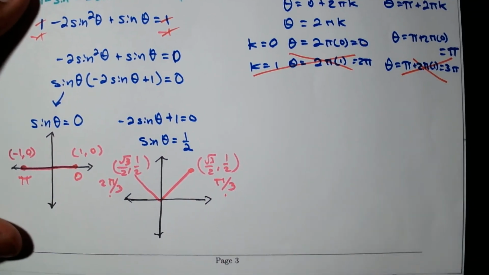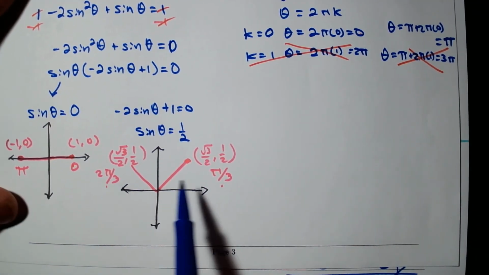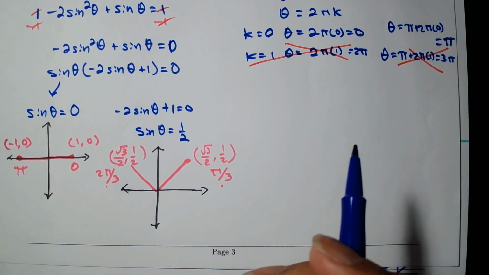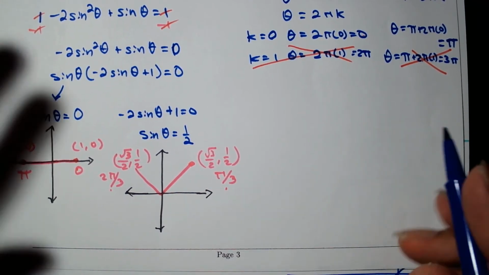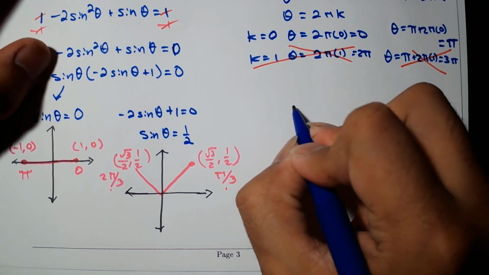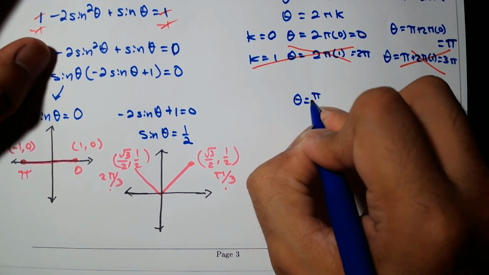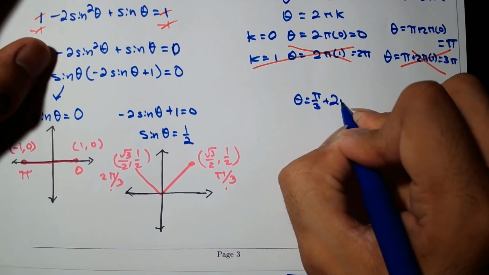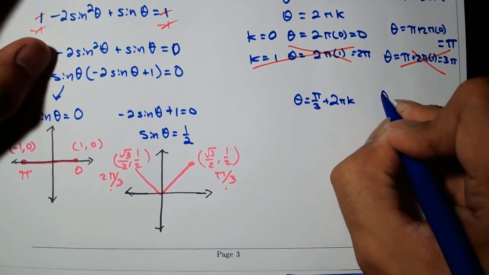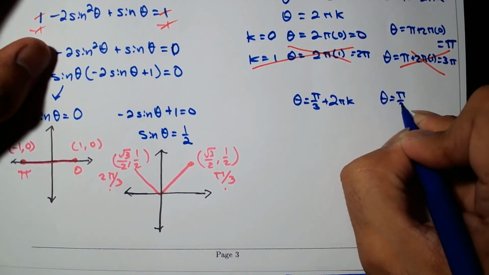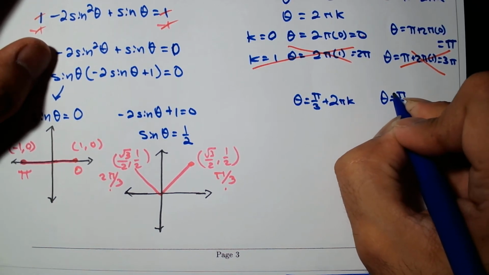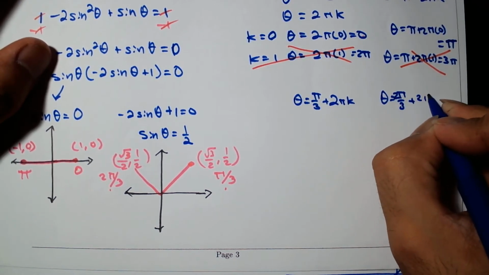Now we're going to do the general formulas for the solutions for pi over 3 and 2 pi over 3. I believe these two we already did, but let's just do that again. So theta equals pi over 3 plus 2 pi k, and 2 pi over 3 plus 2 pi k.